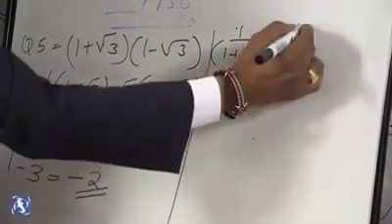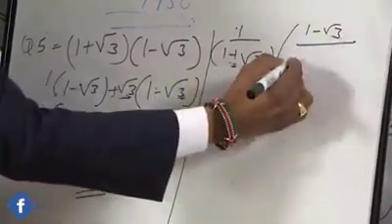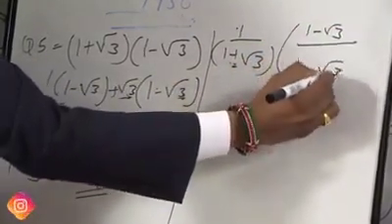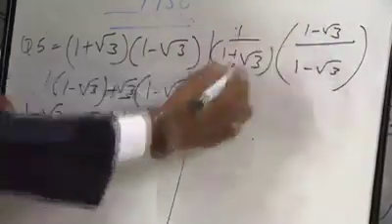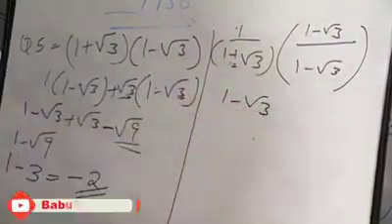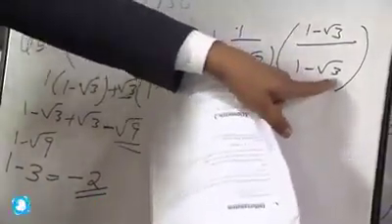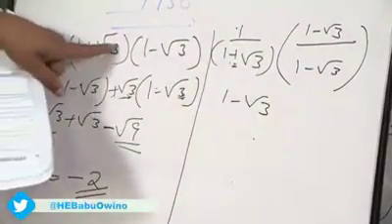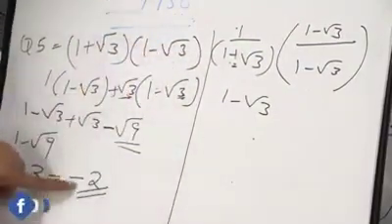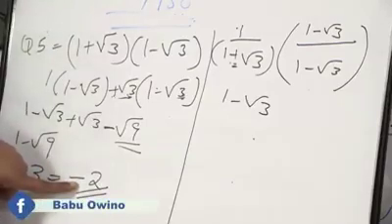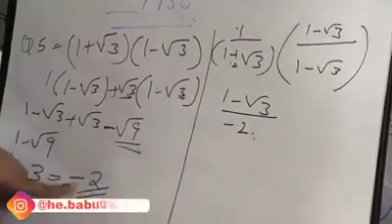So you multiply by 1 minus root 3. Then the denominator is also 1 minus root 3. So in the numerator we have 1 minus root 3. But remember, 1 plus root 3 into 1 minus root 3 is minus 2, as we solved. So you divide this value by minus 2.